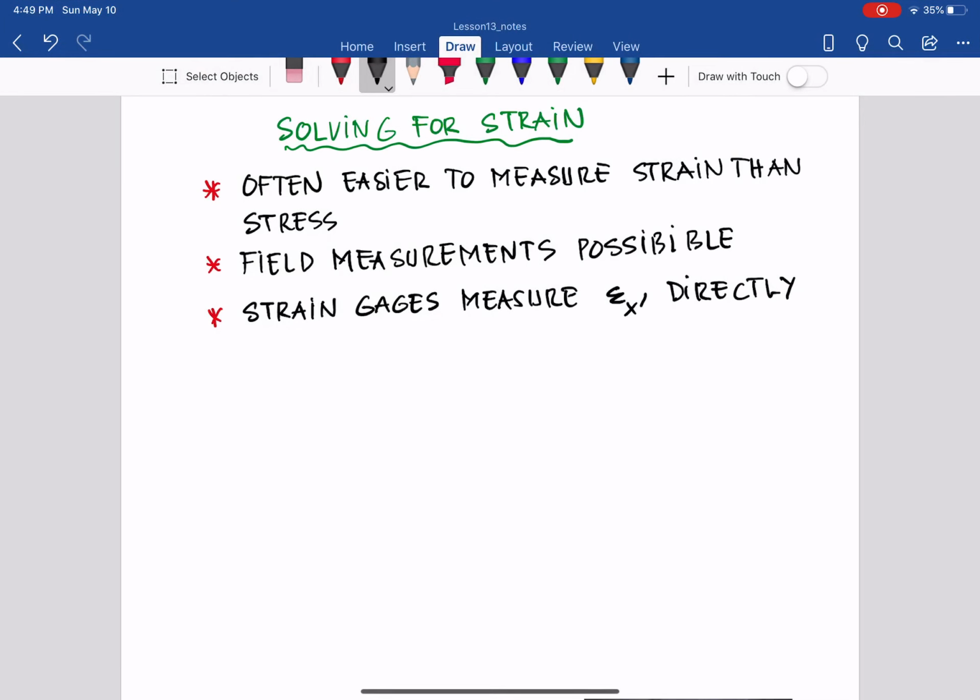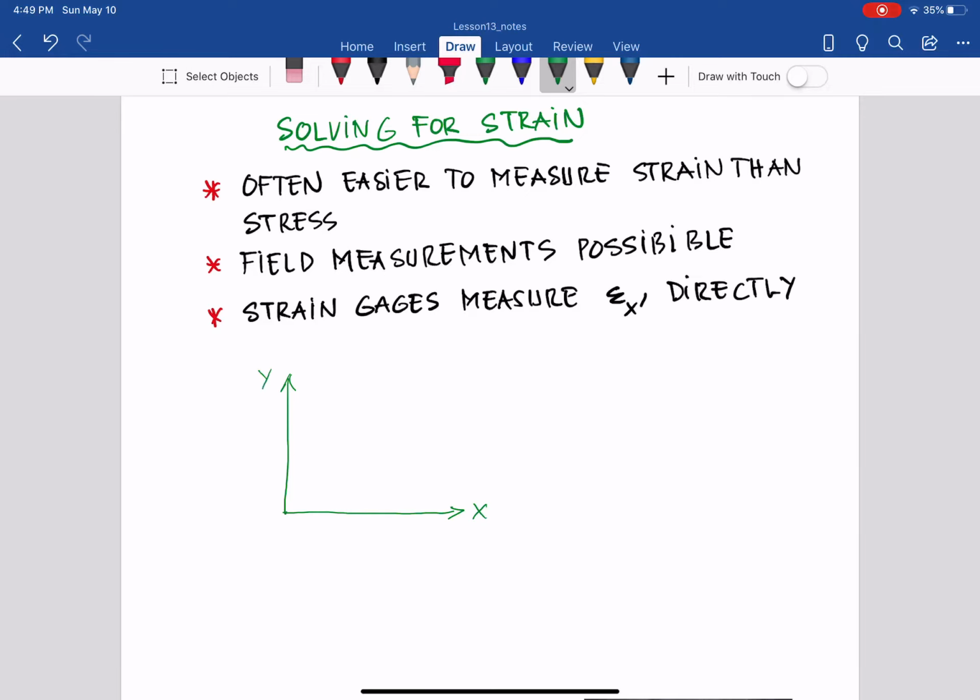So with that, let's go back to the lesson. You already know what a strain gauge is and how it is installed on the structural member. So let's put a general application of strain in a member.